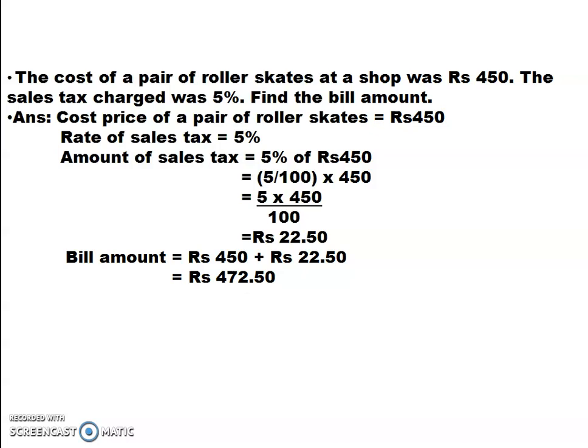So what will be the bill amount the customer should pay? It is rupees 450 plus rupees 22.50 equal to rupees 472.50. So the bill amount will be rupees 472.50. Clear? Now we'll see another question.